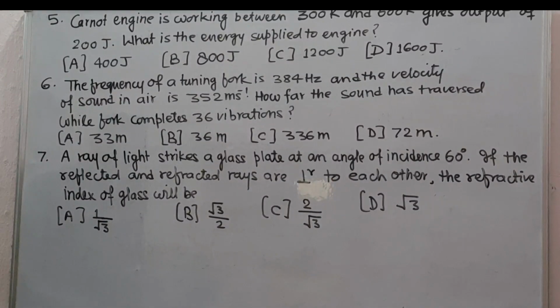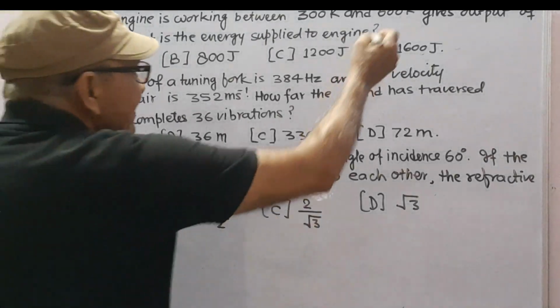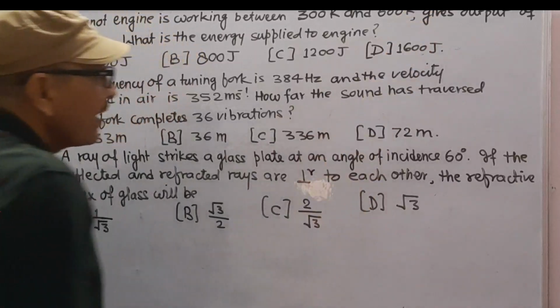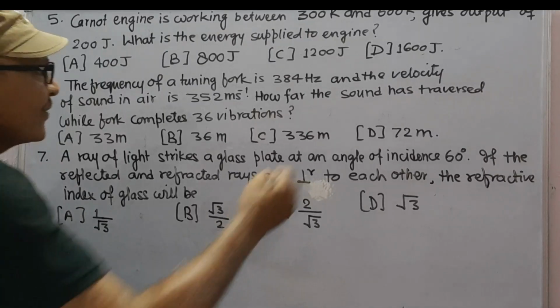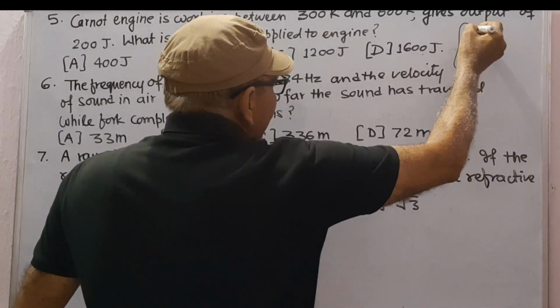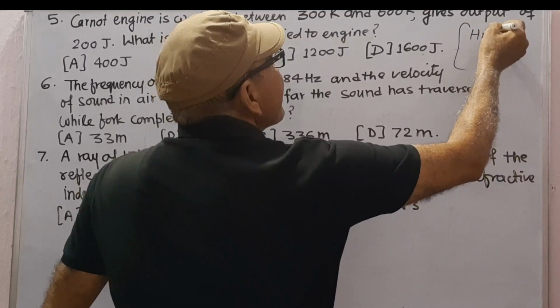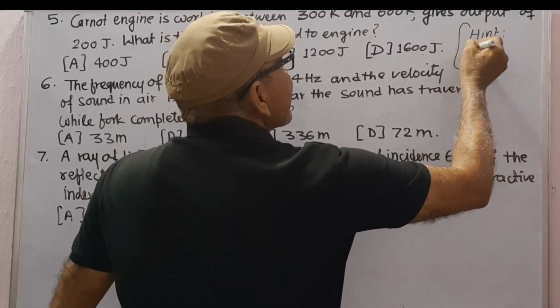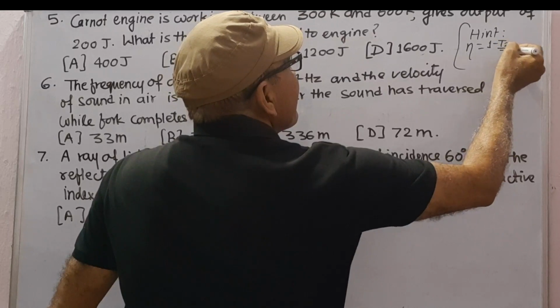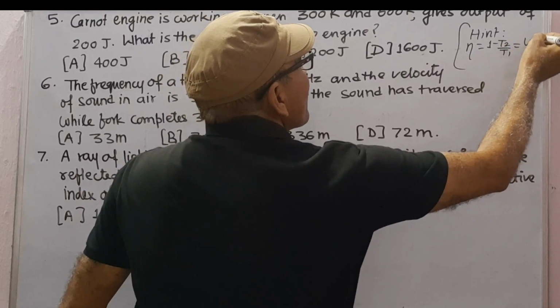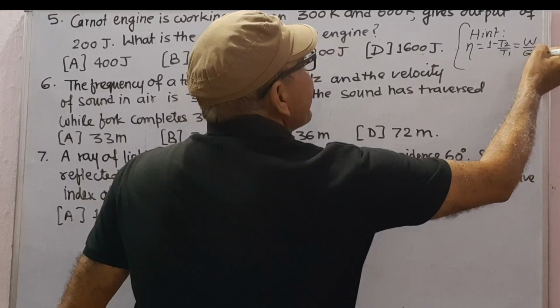Next question number 5. Carnot engine is working between 300 Kelvin and 600 Kelvin and gives output of 200 joules. What is the energy supplied to the engine? Now, solution or hints. Efficiency eta is equal to 1 minus T2 upon T1, which is equal to work done upon heat supplied.